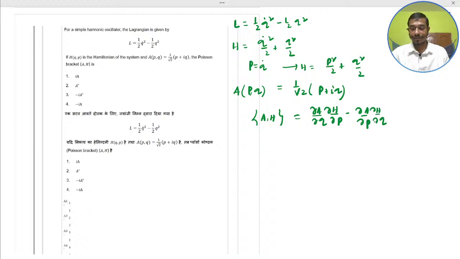Okay, so substitute in the Poisson bracket, you would get 1 by root 2 P minus 1 by root 2 Q times i.